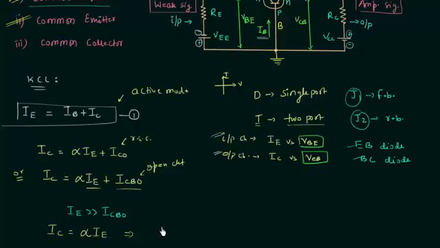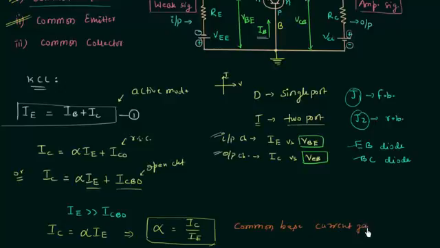So we can say that alpha is equal to IC divided by IE. This is a very important relation. Alpha is equal to IC by IE. Now what is alpha? Alpha is common base current gain, and you already know gain is equal to the output by input.